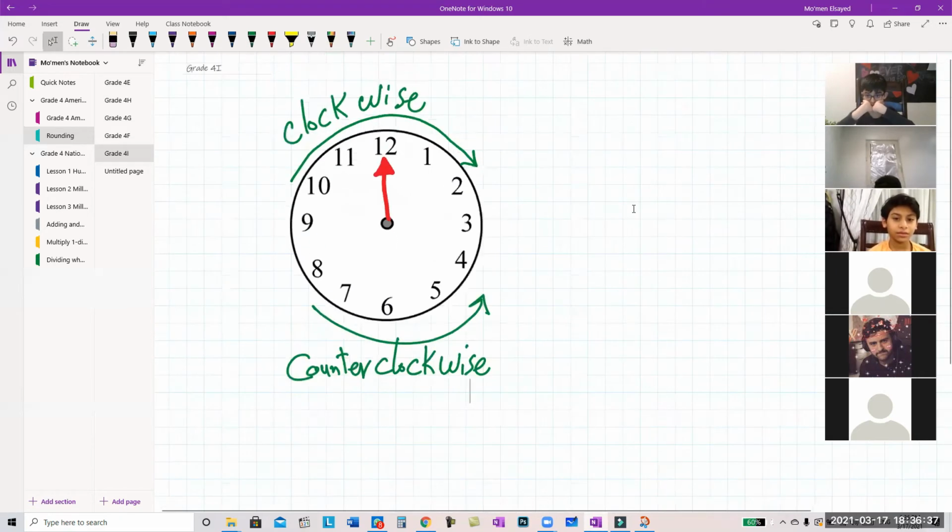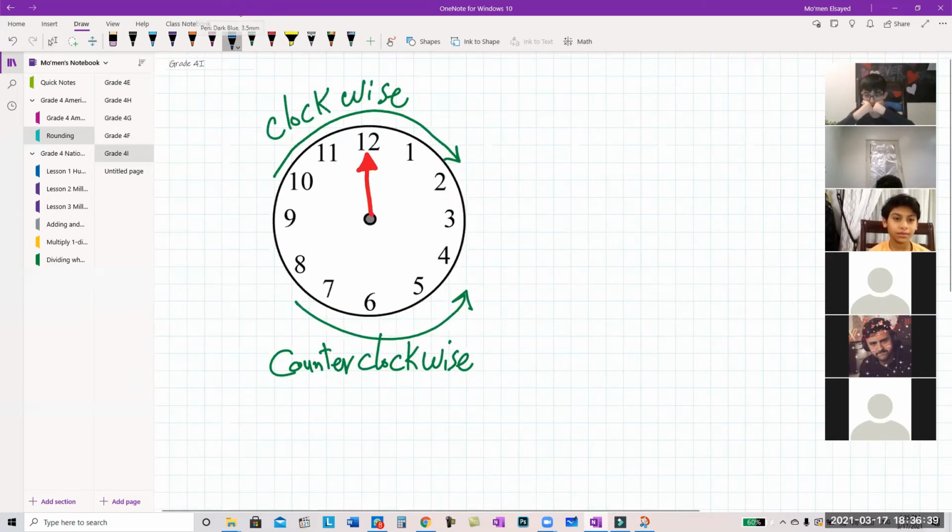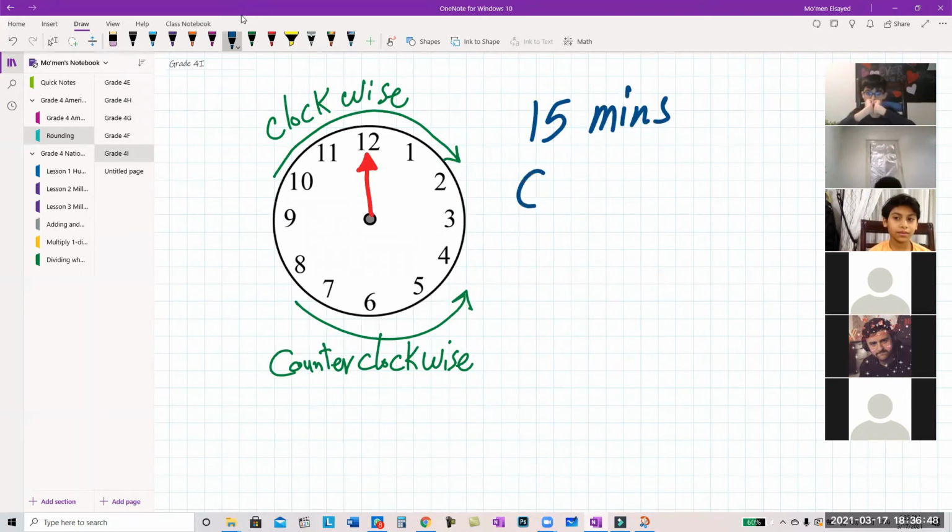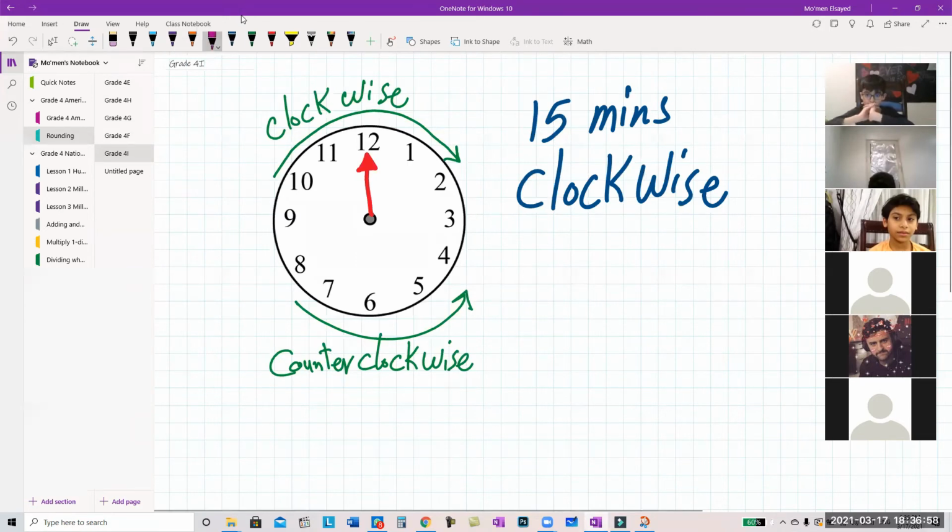Okay, so let me ask you, if we want to move this minute's hand 15 minutes clockwise, so the direction is clockwise, so we're gonna move it like that in this direction, right?